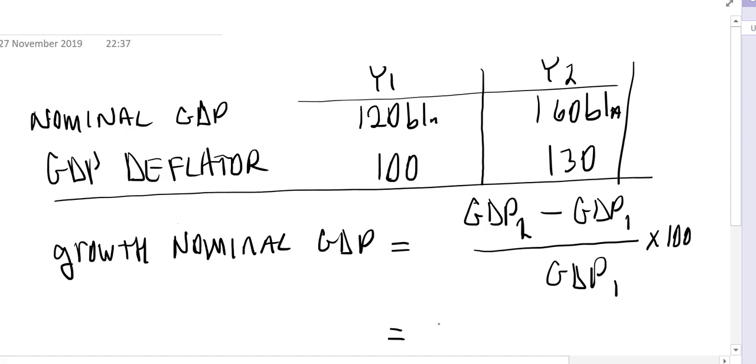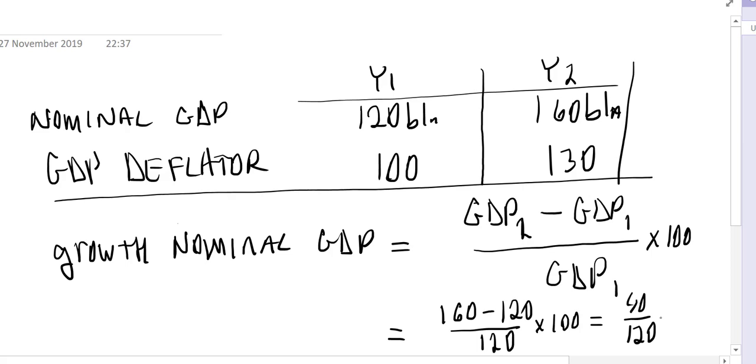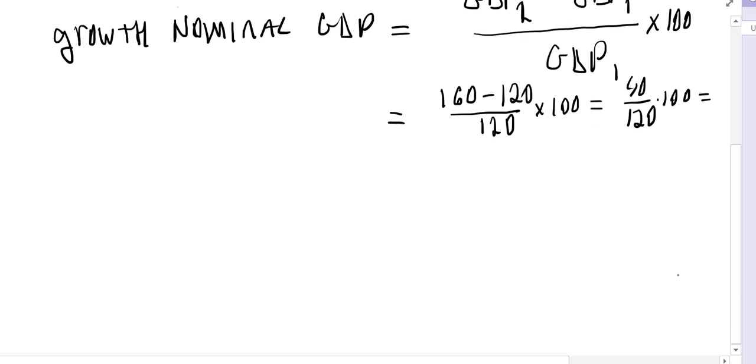So let's plug in numbers: 160 minus 120 over 120 times 100, which gives us 40 over 120 times 100.